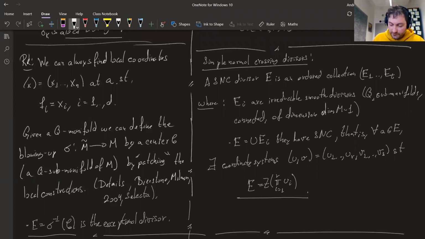And then there's a notion, in order to make things compatible with the exceptional divisor, of what a blowing up is.